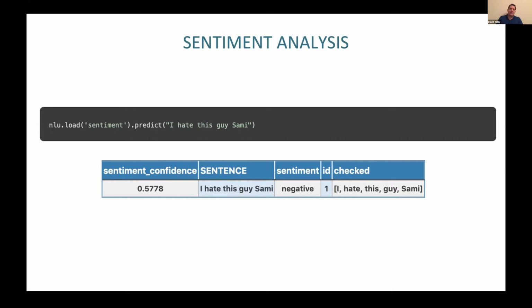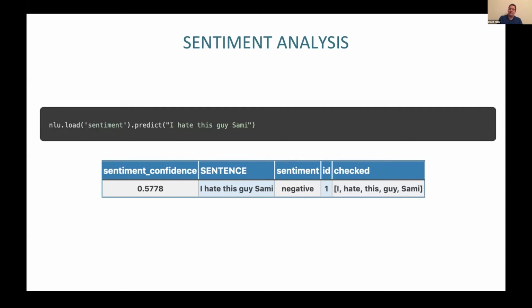This is sentiment analysis. So nlu.load('sentiment').predict('I hate this guy, Sammy'). Here, you don't get a row per token, you get a row per sentence. So the library tries to guess the most relevant pandas data frame to return. If you don't like it, you can ask specifically for a different level of granularity. But here you can see that the sentiment is negative.